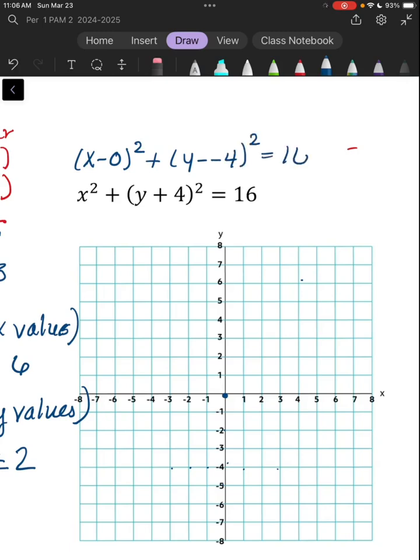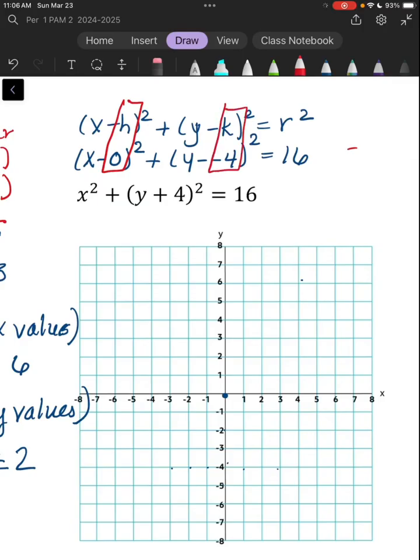So remember, this is in my form of (x minus h) quantity squared plus (y minus k) quantity squared equals our radius squared. So when we go to do this, our center will be at (0, -4).